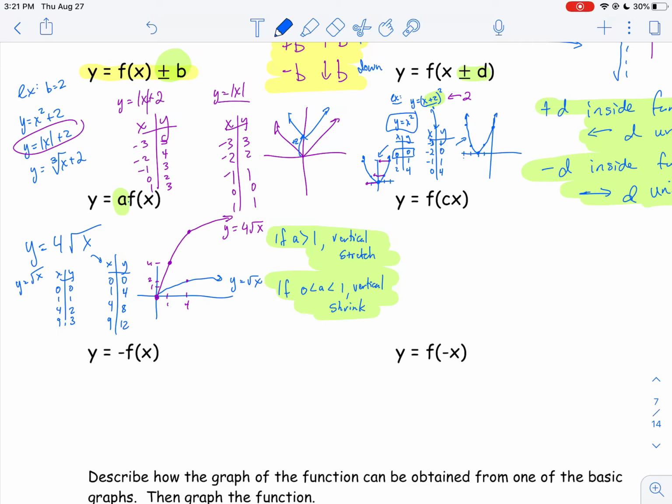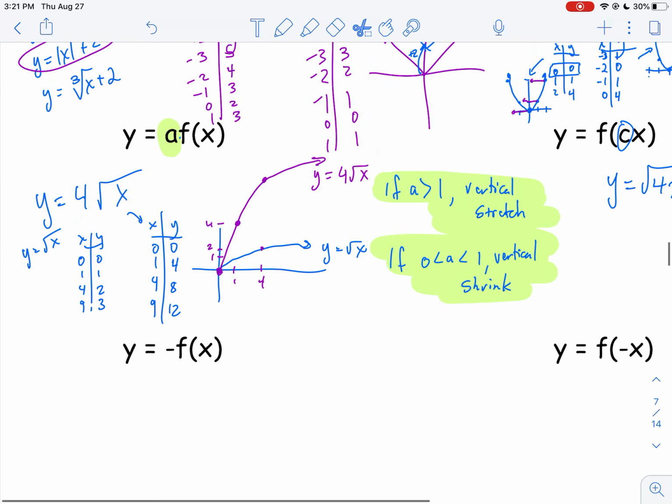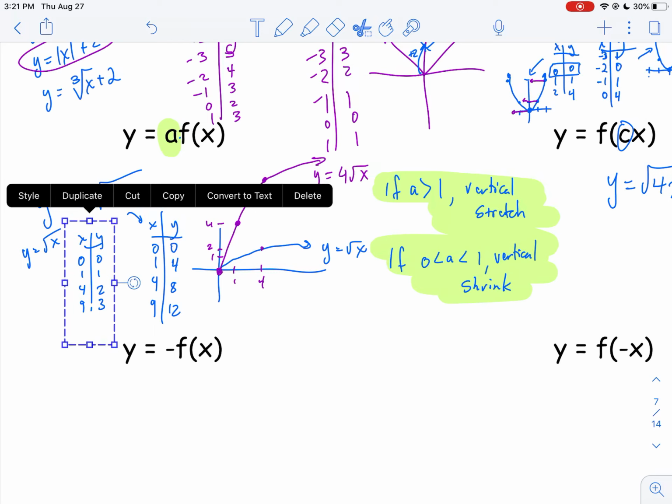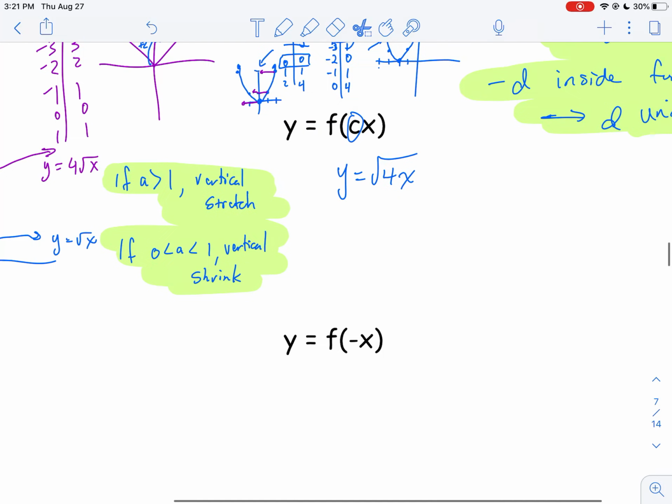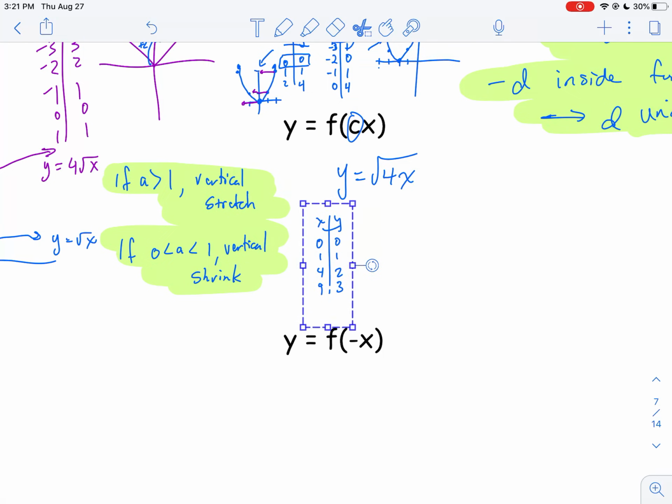This one is going to be a little tricky to understand. When the c is on the inside, y equals the square root of 4x. We have our xy table here for y equals the square root of x.